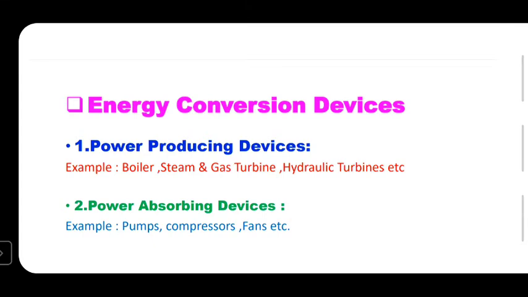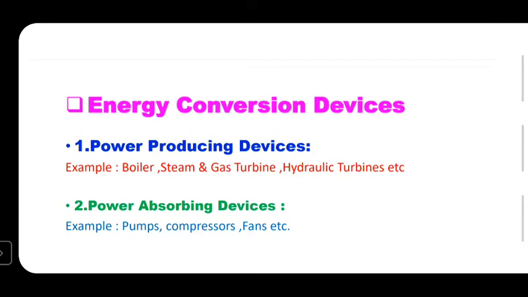Write down, these are the power producing devices: boiler, steam turbine, hydraulic turbine, IC engines. IC engine means internal combustion engine.